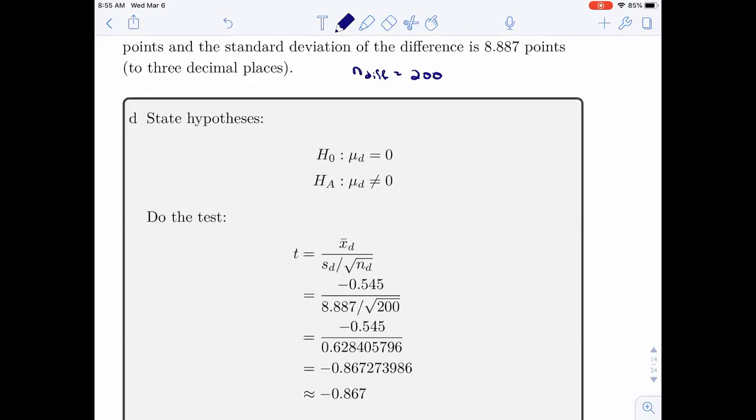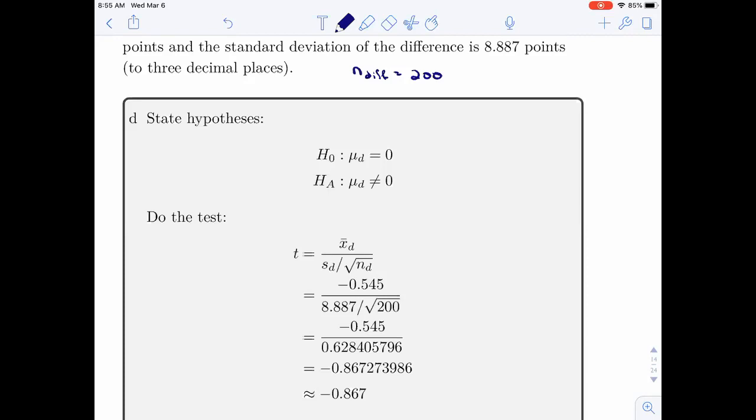And then, because we have our mean of the differences, the standard deviation of the differences, and the sample size of the differences, the t that we calculate looks really similar to the one that we just calculated for 1 sample mean. And that's because we just have 1 sample of differences.